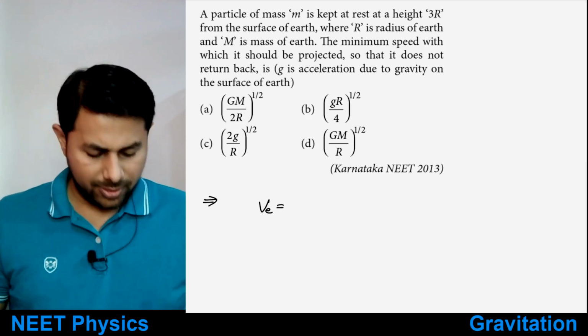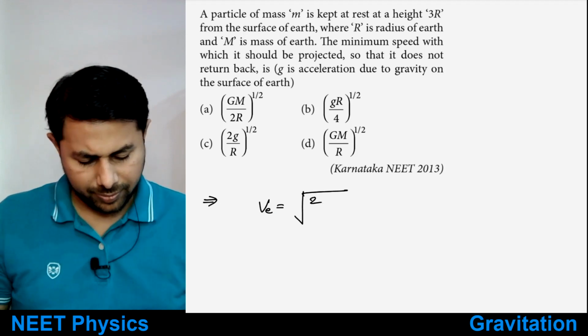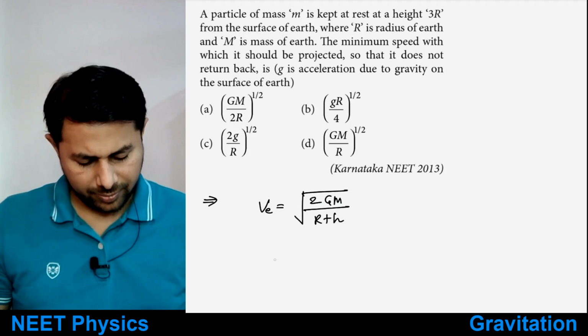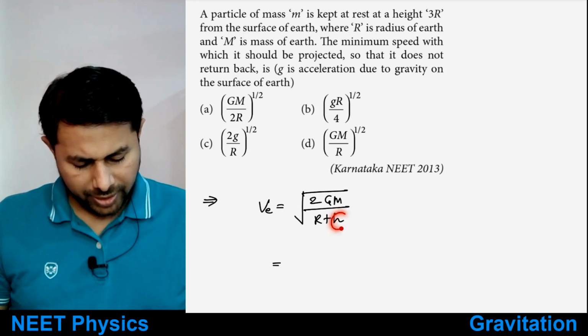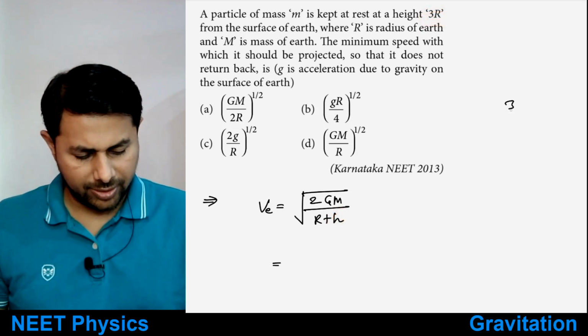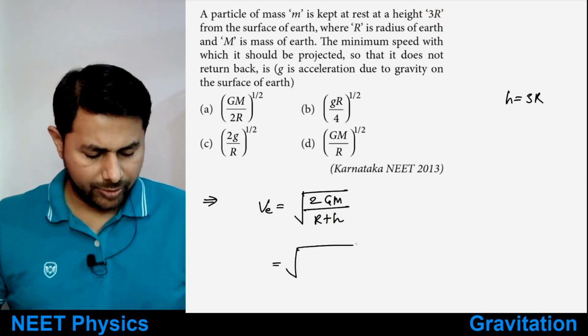So it is square root of 2GM over r plus h. And what is h? h is equal to 3r. Just put it. So what do we get?